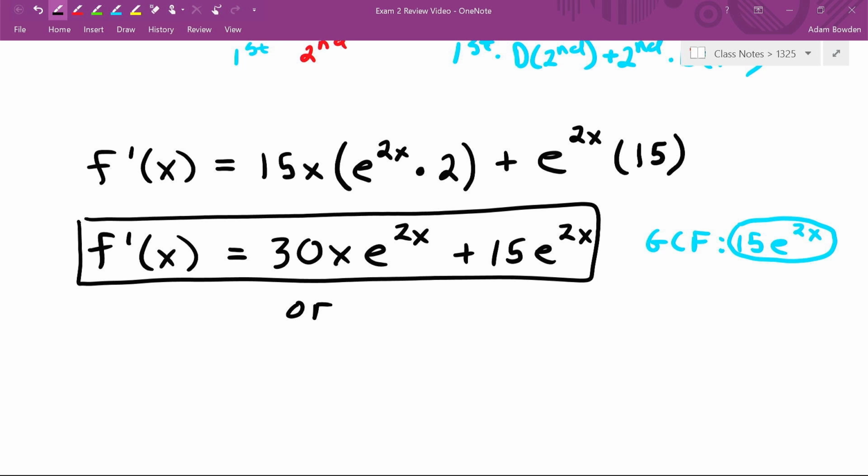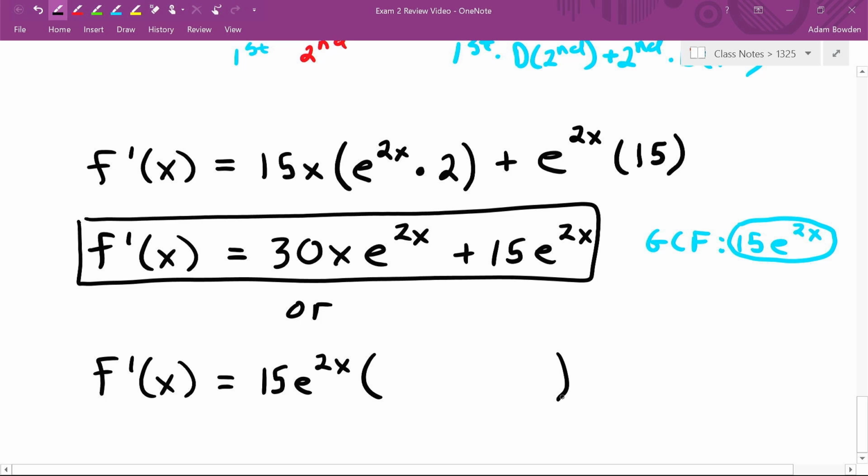So if we go through and factor out that, we could write this as 15e raised to the 2x. That's the GCF. And next to that in parentheses would go 2x plus 1. That'll be left over after factoring out a 15 as well as the e to the 2x that they both have in common here.